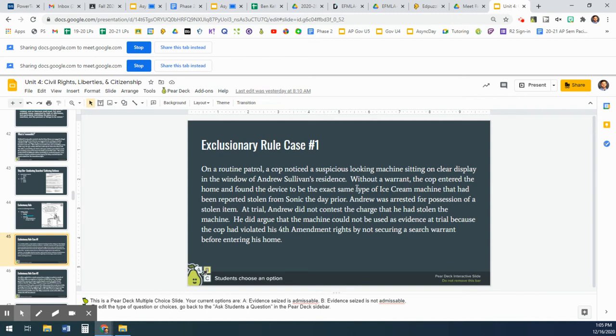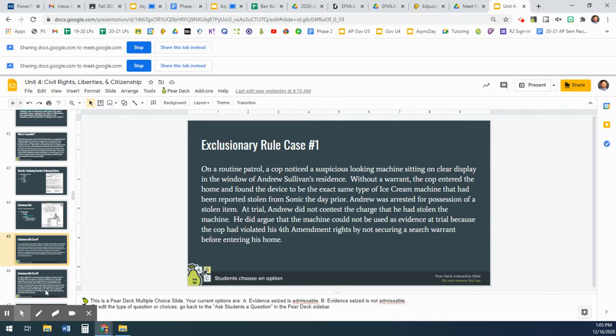When they see illegal activity going on, they can act upon that without a warrant, right? Because if you have to wait on a warrant, sometimes the criminal is able to get rid of the evidence and not be charged for the crime. This was based upon, obviously I changed stuff around, a real case where someone was growing marijuana in their window. A cop drives by and sees it, and they ruled this an exception to the exclusionary rule.